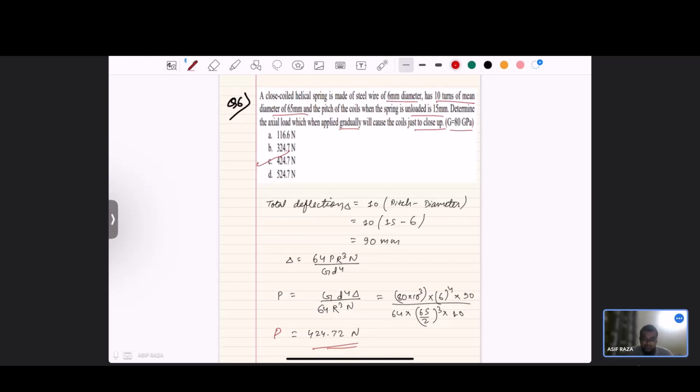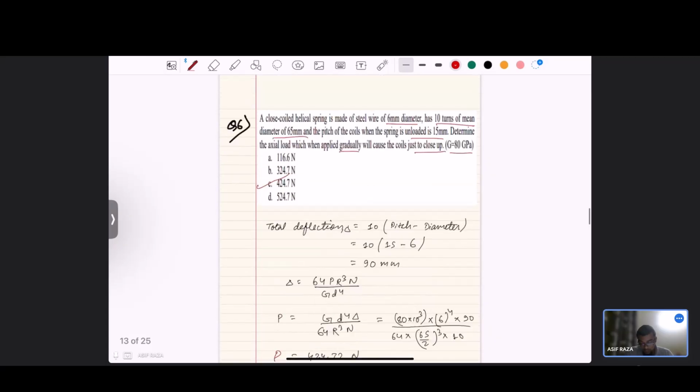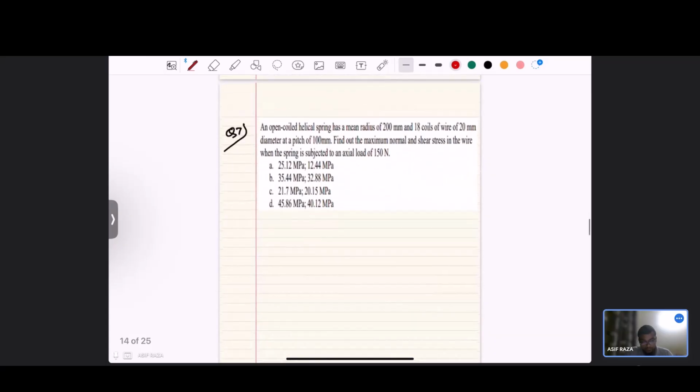So pitch minus the diameter of the coil, that is my expanded length, like the gap that gets removed, right, when the coils touch. So that times number of turns, that is my total deflection. Okay, moving on to the next question.